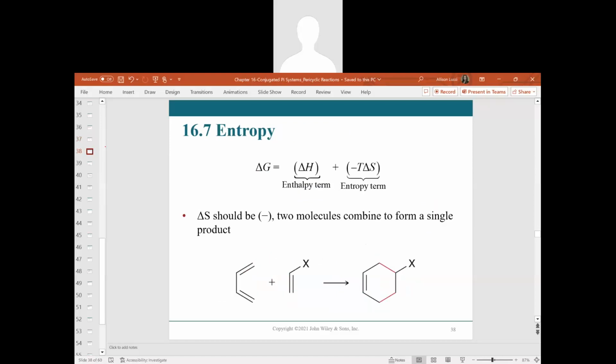So the enthalpy term would be negative, and then we should also see a negative entropy term because we're going to have a decrease in the entropy or disorder in our system because we have 2 reactants that turn into 1 product. So our entropy is going down, so our change overall should be negative.